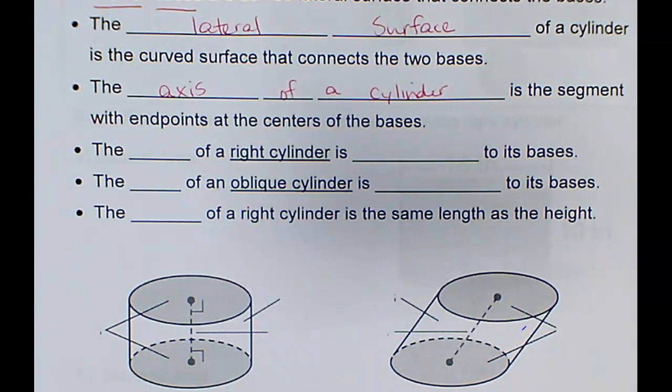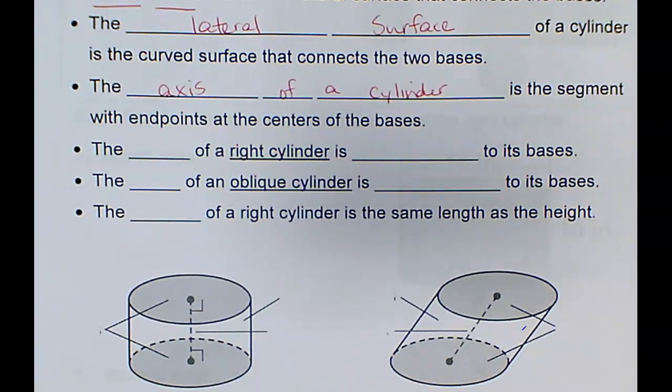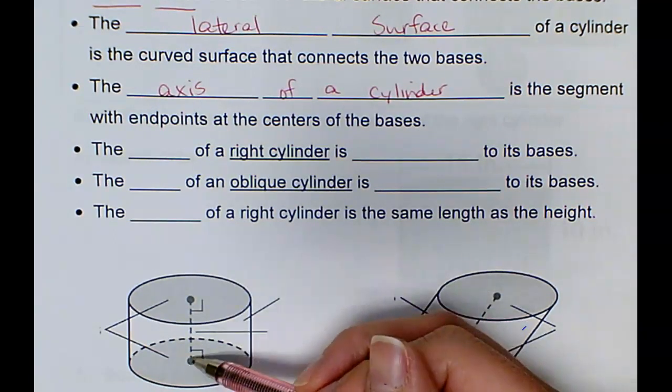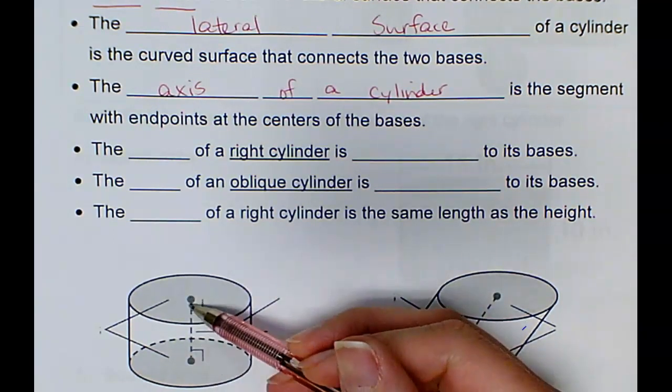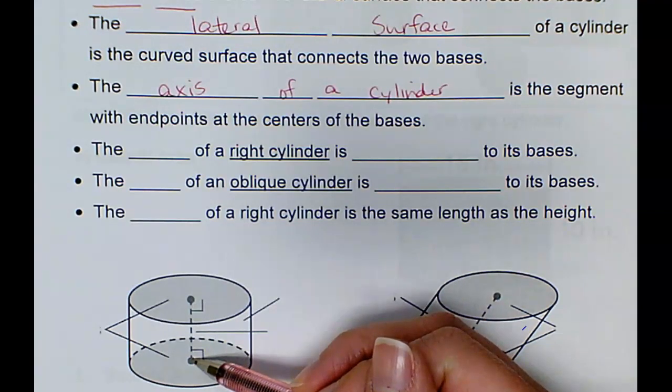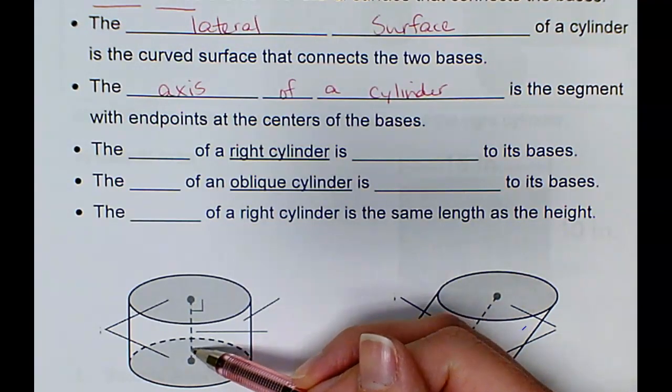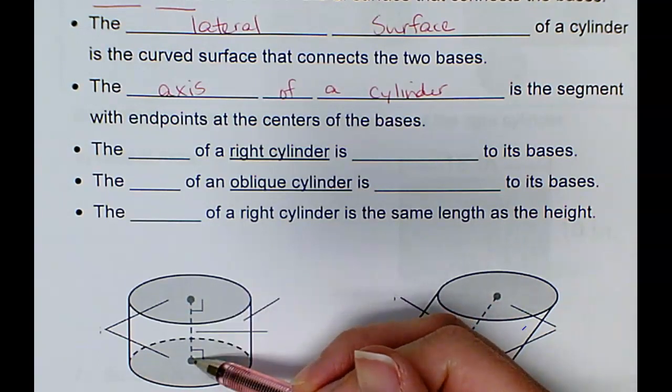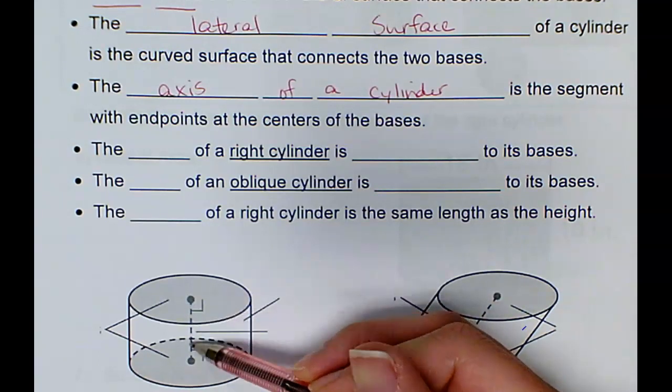So remember, those bases are always going to be circular in nature. Here, this axis of the cylinder is also the altitude. It's measuring the height. It's at a right angle to both of the bases, and it's measuring that distance between them. So not only is this an axis of a cylinder, this is also an altitude.